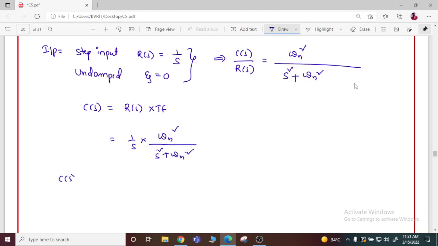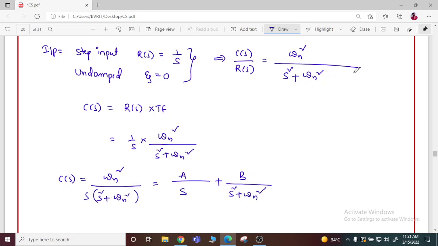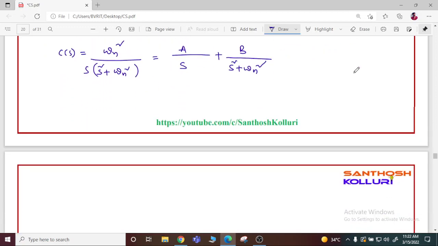So, therefore, the C of s can be now written as omega n square divided by s square plus omega n square into s, which can be written in terms of partial fractions like a by s plus b by s square plus omega n square. So, now a and b can be obtained by using this partial fractions method.